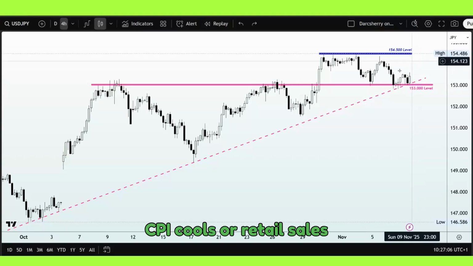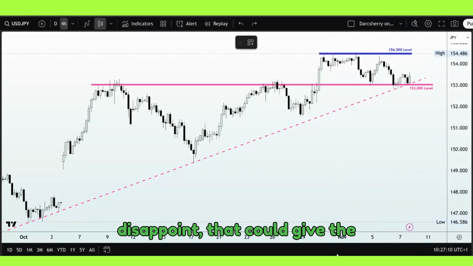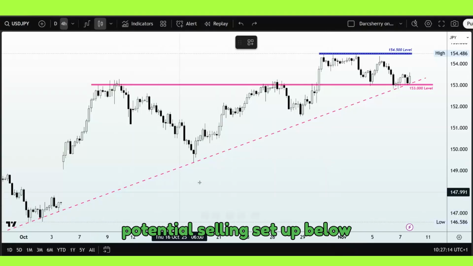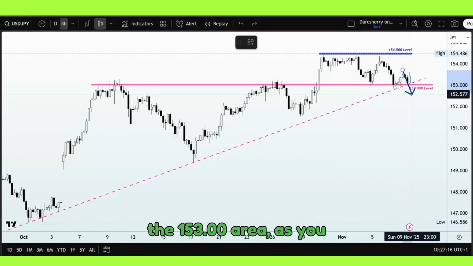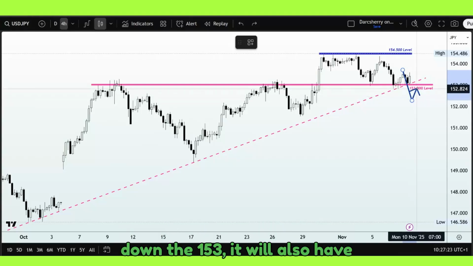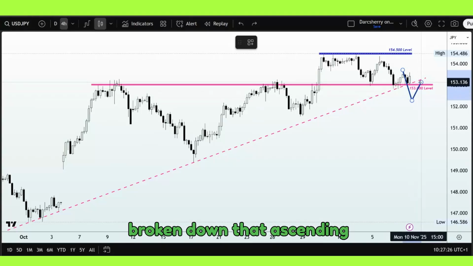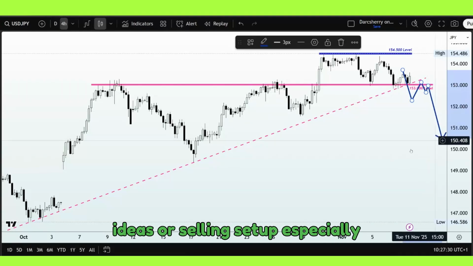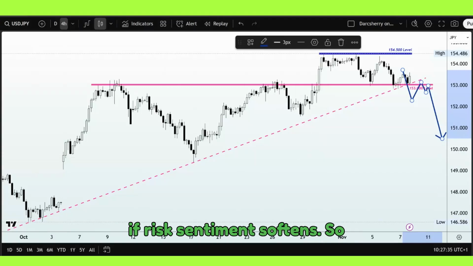But if CPI cools or retail sales disappoints, that could give the yen some breathing space and potential selling setup below the 153.00 area. As you will see, if price breaks down to 153, it will also have broken down that ascending trend line to incite selling ideas or selling setup, especially if risk sentiment softens.